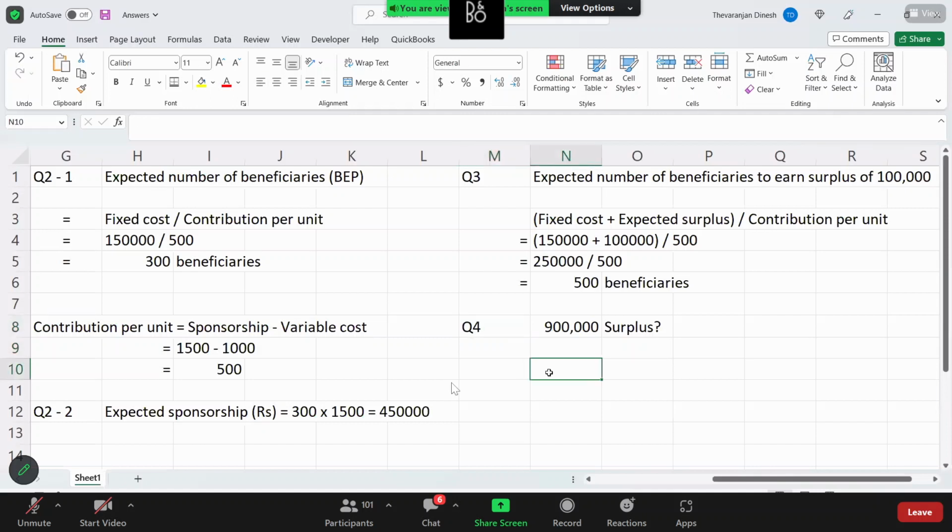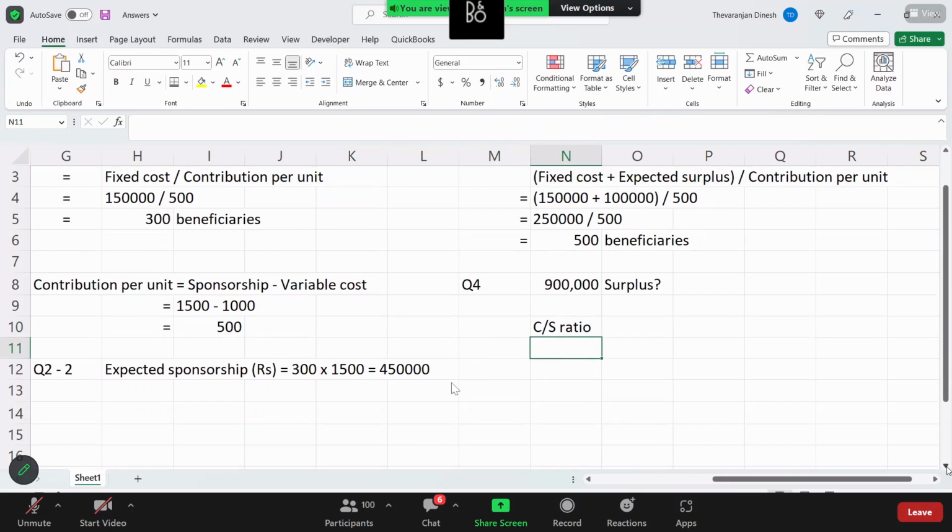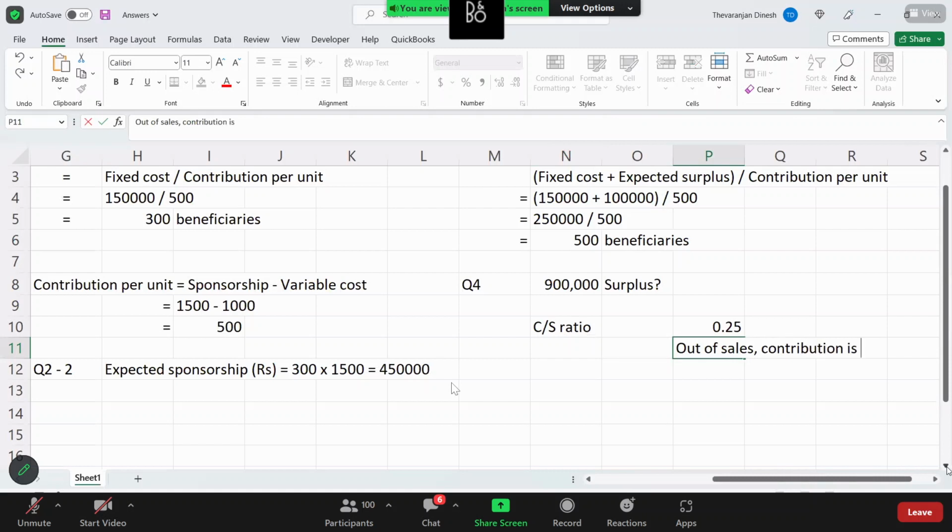To answer this question, it is easy if you can find out the CS ratio. That is also a term that comes under this break-even point analysis. The CS ratio tells what proportion of sales is the contribution. For example, if the CS ratio is 0.25, that means out of sales, contribution is 25%.